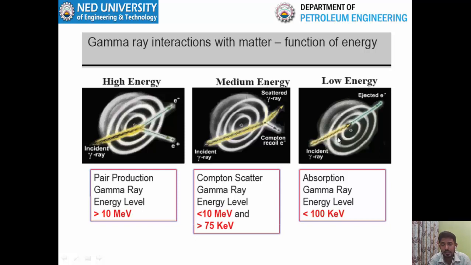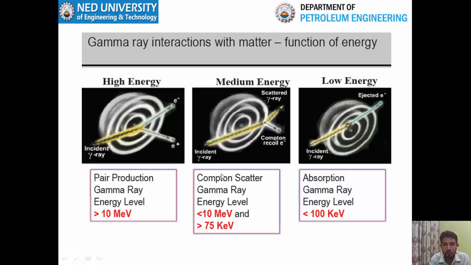At low energy, the gamma rays are absorbed by the atom, and when the gamma ray is absorbed, the atom takes the energy of the gamma ray, and electrons are ejected from the atom. So the important thing to note here is the energy level.